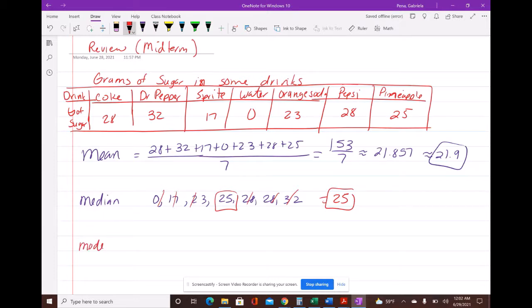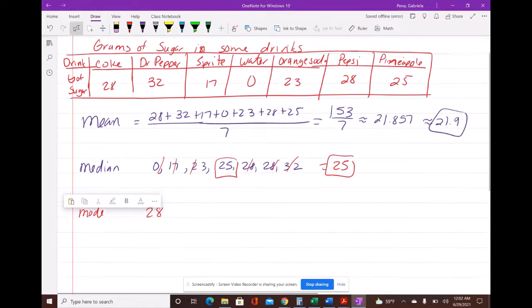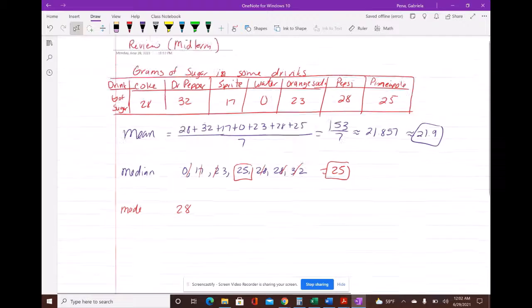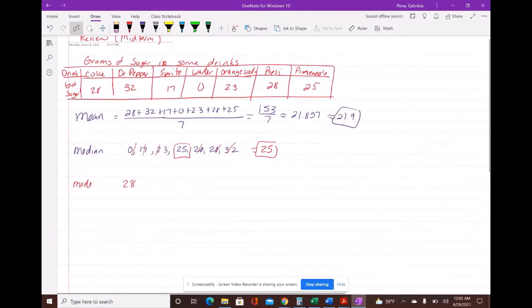For the mode, it is the one that repeats the most. And the number that repeats the most is 28 because it happens twice. So a question like this on your midterm is going to be worth about 16 points. So make sure you do what you can.